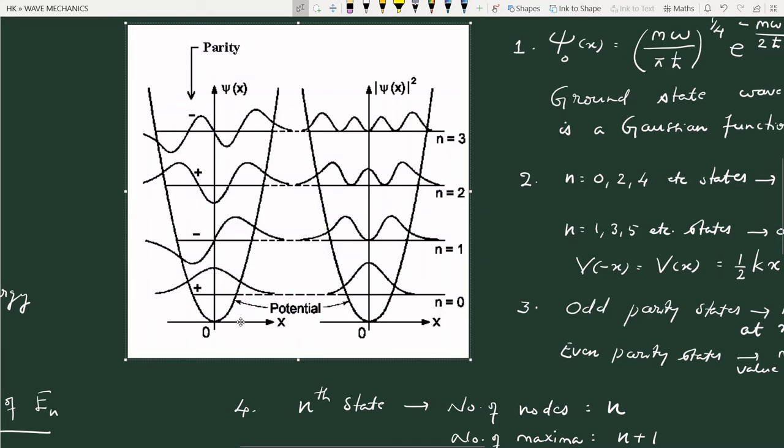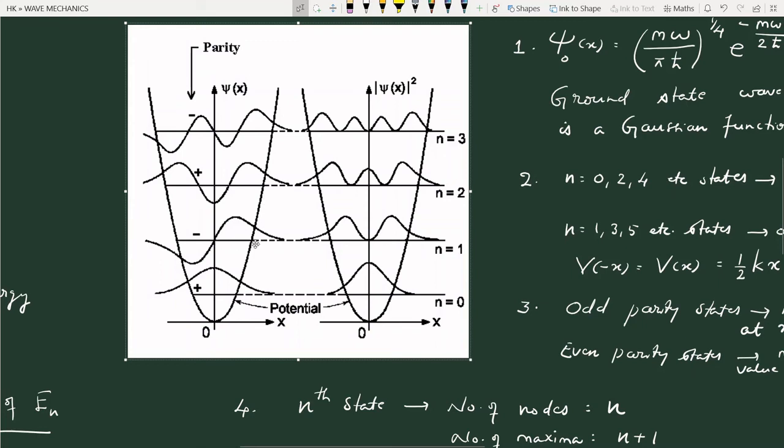Within the classical turning points, total energy is always greater than the potential energy value. This is true for any state. Consider the n equal to 1 state. These are the turning points. Within the turning points, total energy is greater than the potential energy. But beyond the turning points, the potential energy value is high, whereas the total energy value remains here.